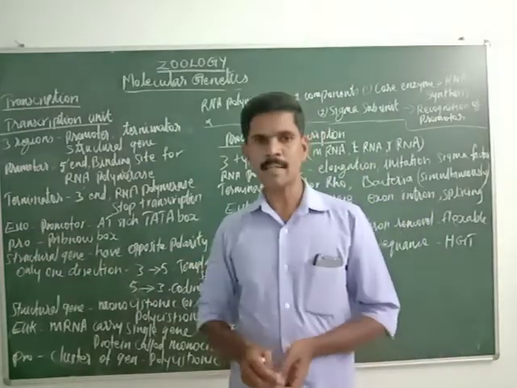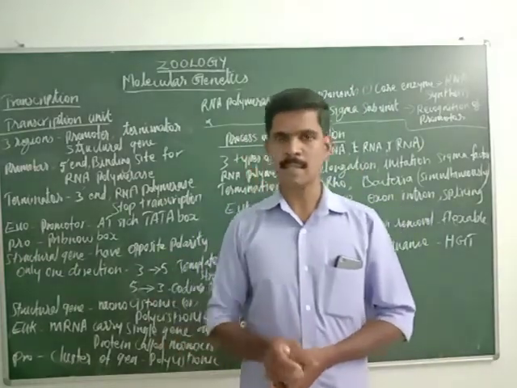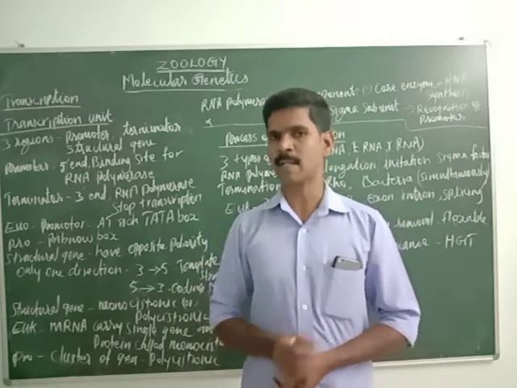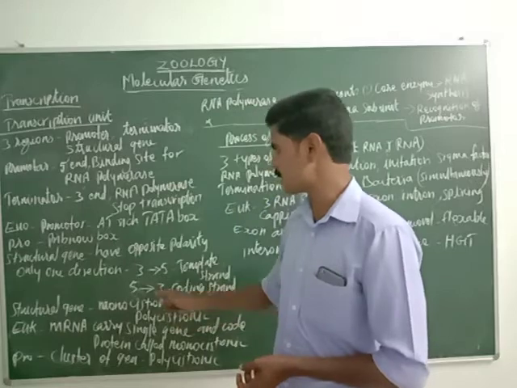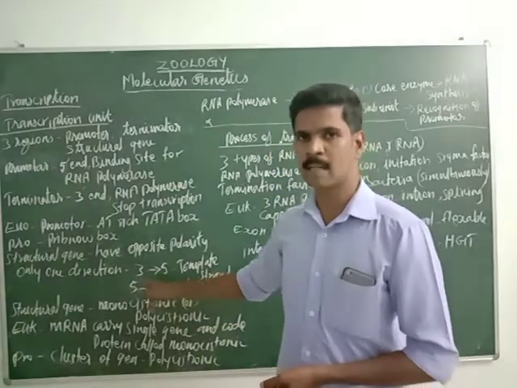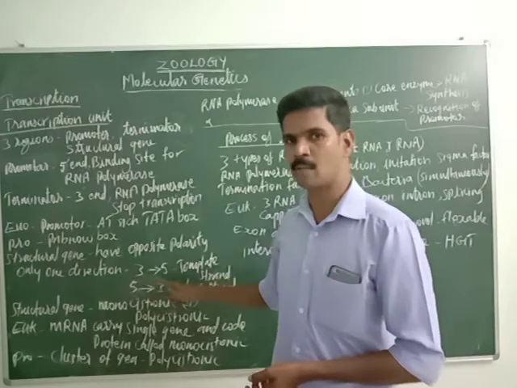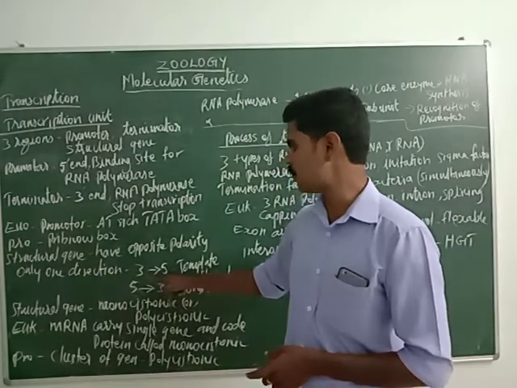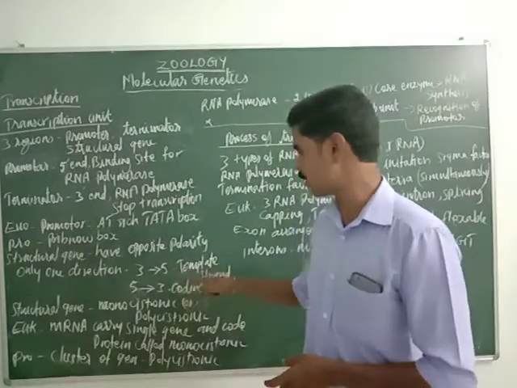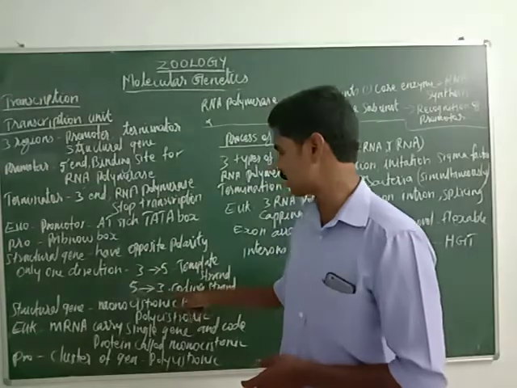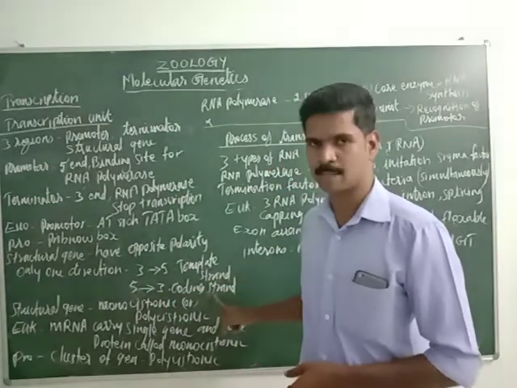In the DNA molecule, the transcription process takes place in only one direction, from 3' to 5'. This 3' to 5' strand is called the template strand, and the opposite strand, 5' to 3', is called the coding strand.